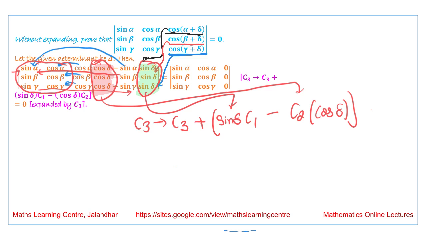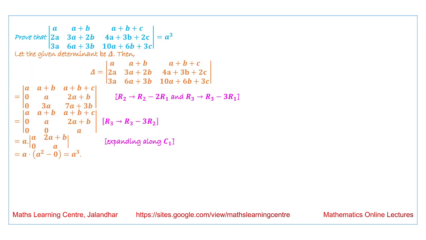So when we perform this operation, we can see that this last column over here will become 0. So on expanding, the value of the determinant comes out to be 0, and this is what we have to prove.